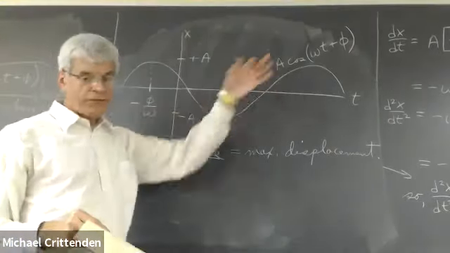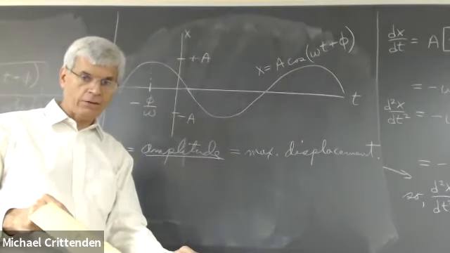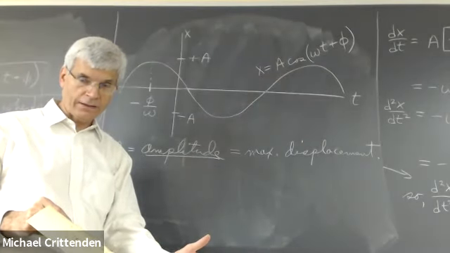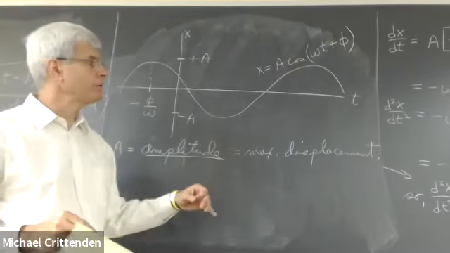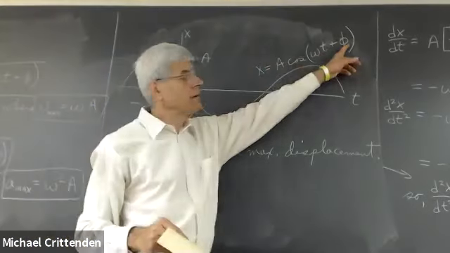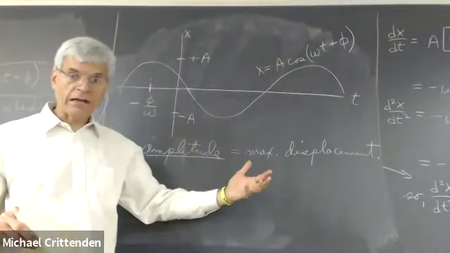A depends on how far you pulled the mass from equilibrium before you let go of it. The farther you pull it, the bigger the amplitude. The phase angle depends on when you start the clock.